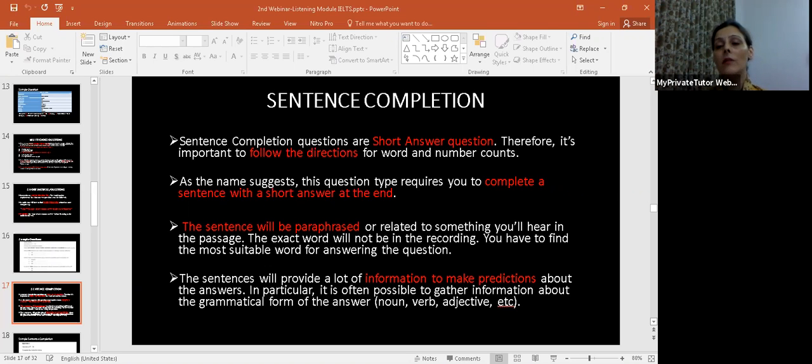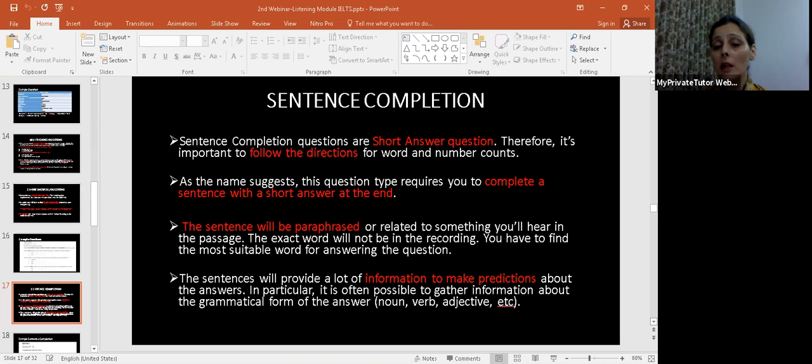The sentence will be paraphrased in these questions, or you are going to hear something the same in the passage, but you are going to get an idea of what was being discussed. Here you can write in your own words, but you have to be very specific about the word limit that's supposed to be written in that blank.